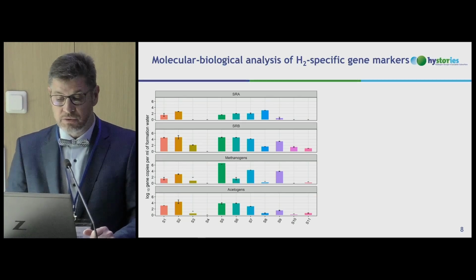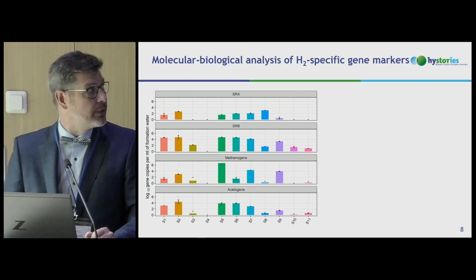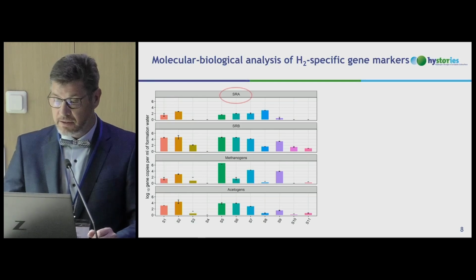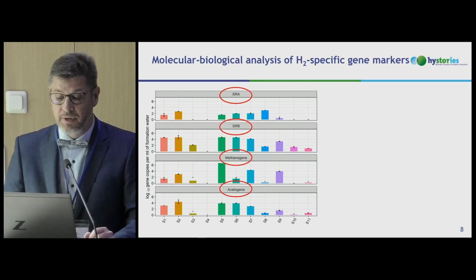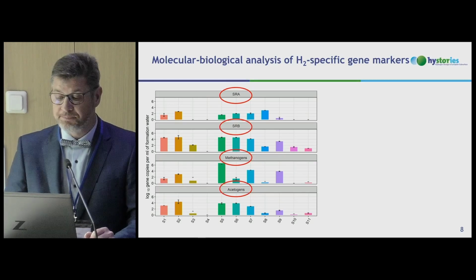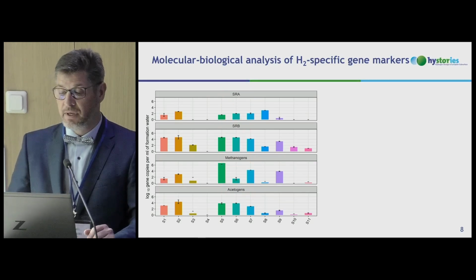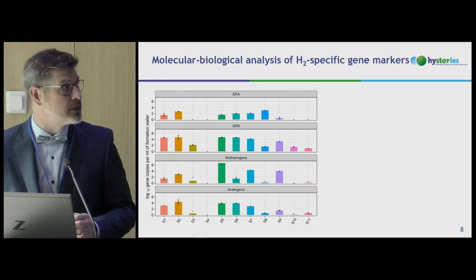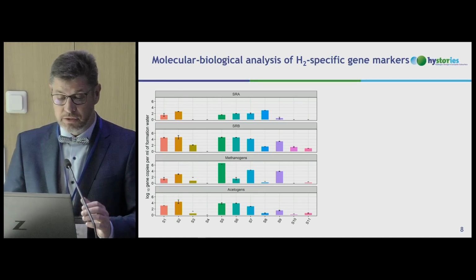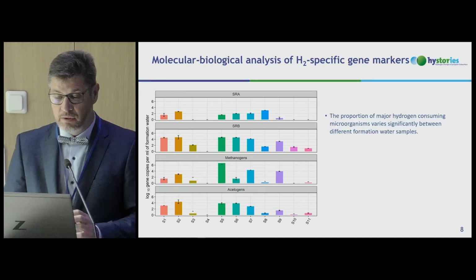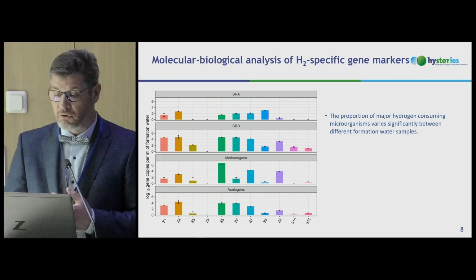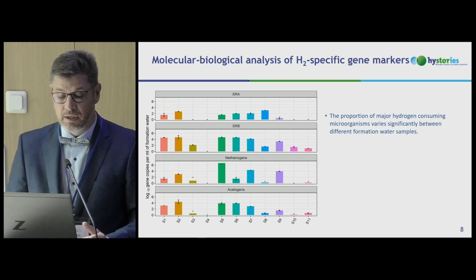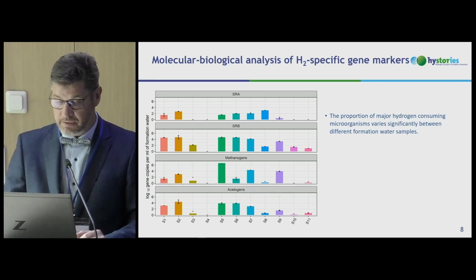These diagrams show some results of our molecular biological analysis targeting the 4 major groups of hydrogen-consuming microorganisms. By qPCR methods, we quantified the copy numbers of their specific target genes, and the results show that the proportion of the major hydrogen-consuming microorganisms varies significantly between the different formation water samples.